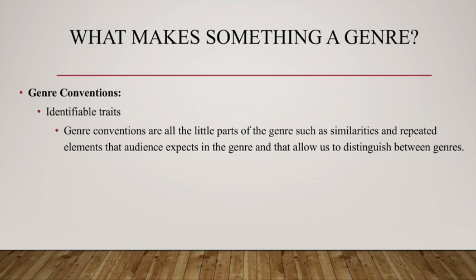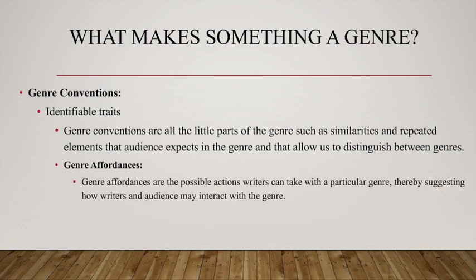In other words, genre conventions are all the little parts of the genre, such as similarities and repeated elements that audience expects in a genre, and it allows us to distinguish between different genres, such as, let's say, a horror film versus a comedy, right? There's different identifiable traits.